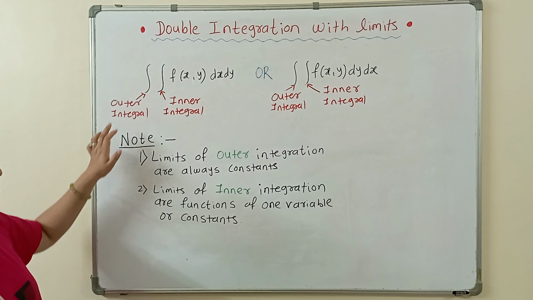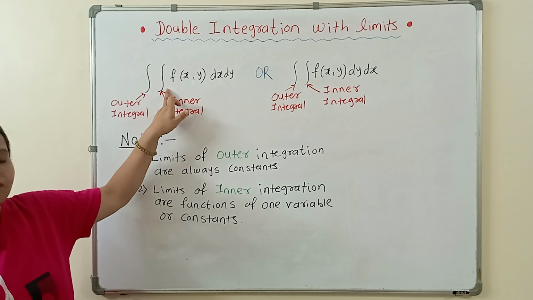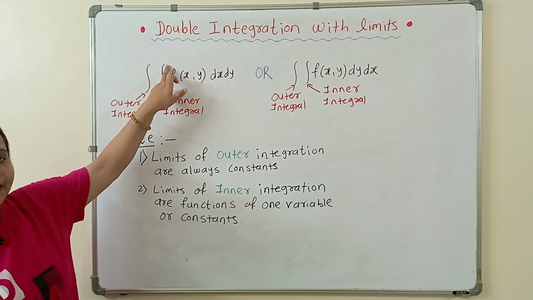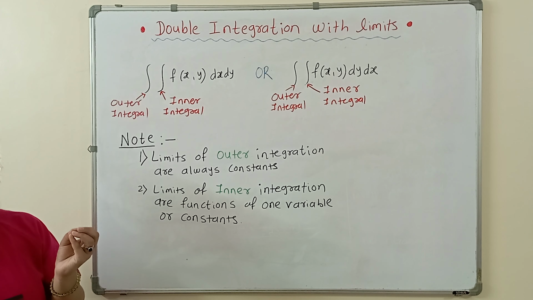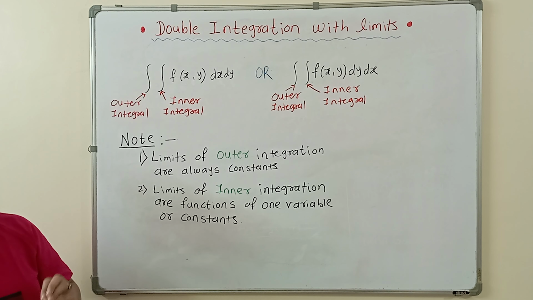And the limits of inner integration are functions of one variable or a constant. So the lower and upper limits can be either in terms of x, or in terms of y, or constants. These are the two important notes while deciding the order of the integration.